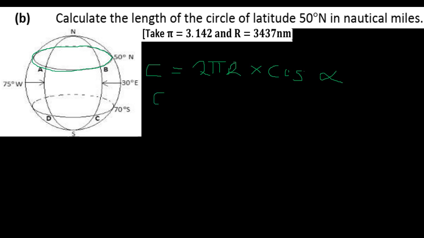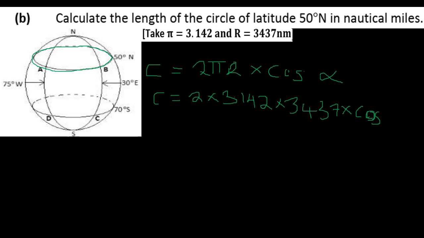Then circumference is equal to 2, substituting our values, multiplied by 3.142, multiplied by 3437, multiplied by cos alpha. What is alpha?